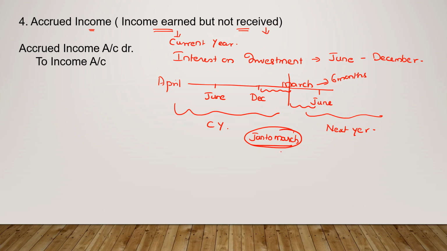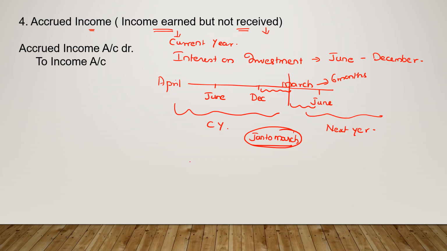And that is why we pass the adjustment entry here. As it is to be included and shown as an income, when income increases it is credited, and therefore we would credit the income account. Whereas this is an amount which is receivable by the business, and as it is receivable, it is an asset, and when an asset increases, we debit it. So we create an accrued income account.